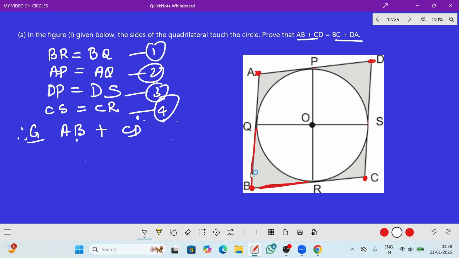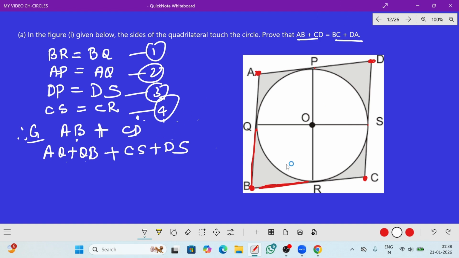But what is my AB? AQ plus QB. So AB is AQ plus QB, plus CD is CS plus DS.